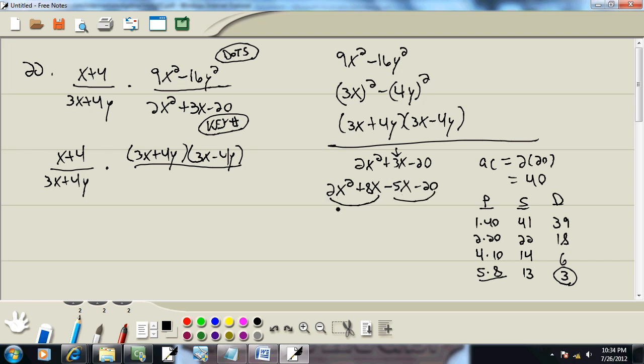Then I'm going to factor by grouping. The first group has a 2x in common, GCF-wise, and that gives me x plus 4. The second group has a negative 5 in common, and that gives me x plus 4. So this factors as x plus 4 times 2x minus 5.